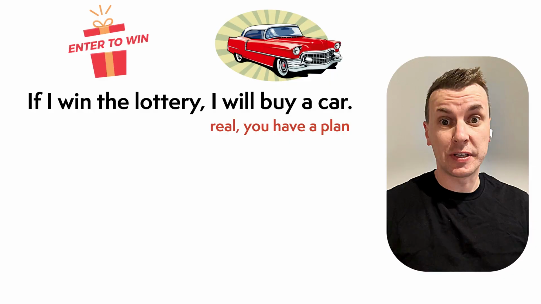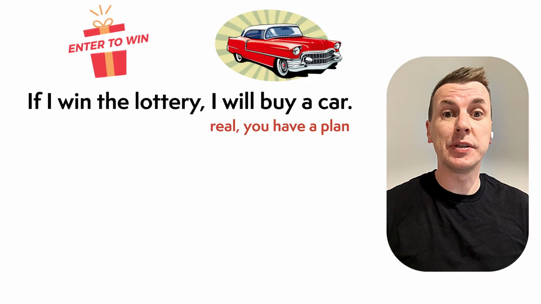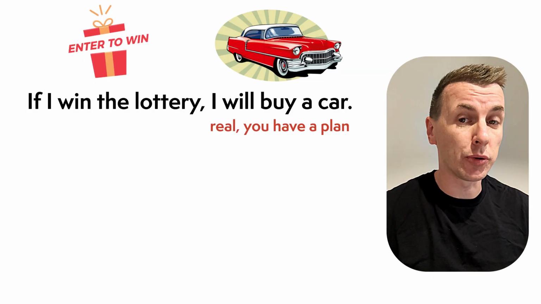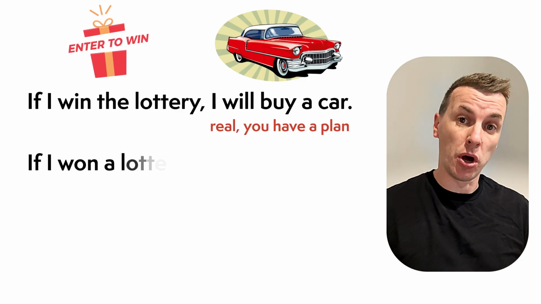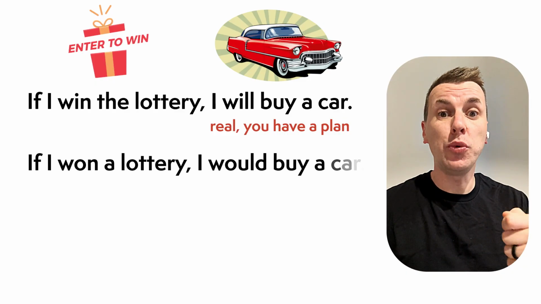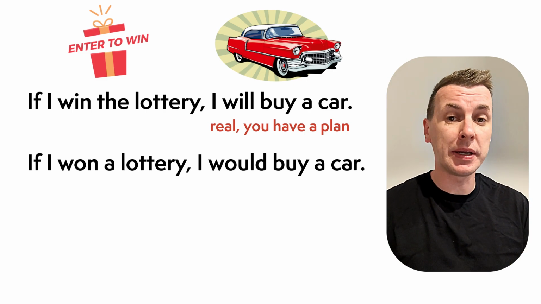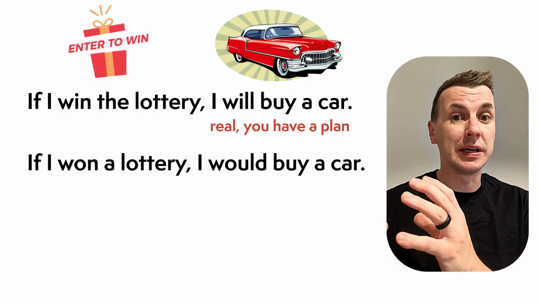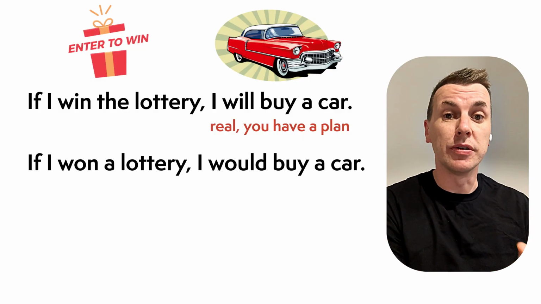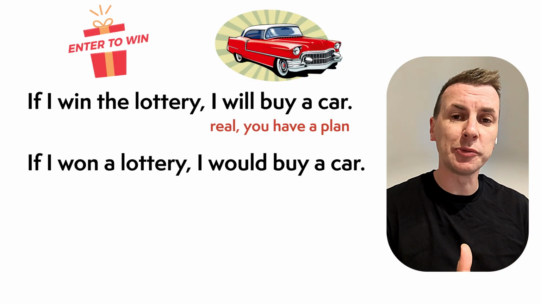Then we took the same example, the same sentence, and we changed it into conditional two. So help me out here. If I won a lottery, I would buy a car, right? In conditional one, we used the present tense in the condition part, and then we used the future tense in the result part.